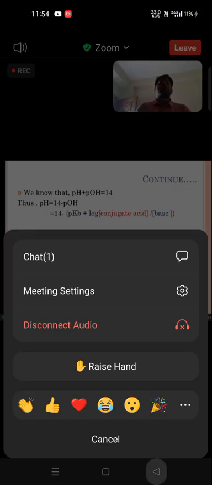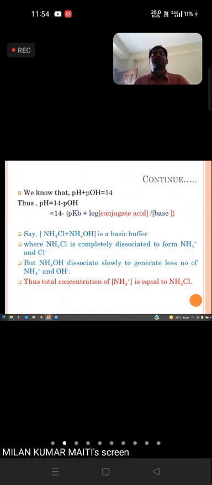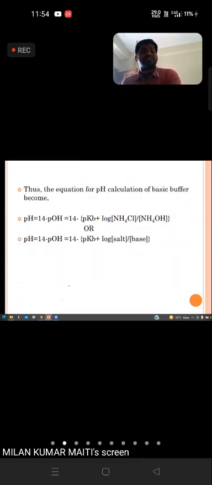Thus the total concentration of NH4 plus, the conjugate acid, is equal to the concentration of NH4Cl. Thus the previous equation, pH equal to 14 minus pKb plus log of conjugate acid by base, can be changed as pH equal to 14 minus pOH, or 14 minus pKb plus log of NH4Cl by NH4OH.